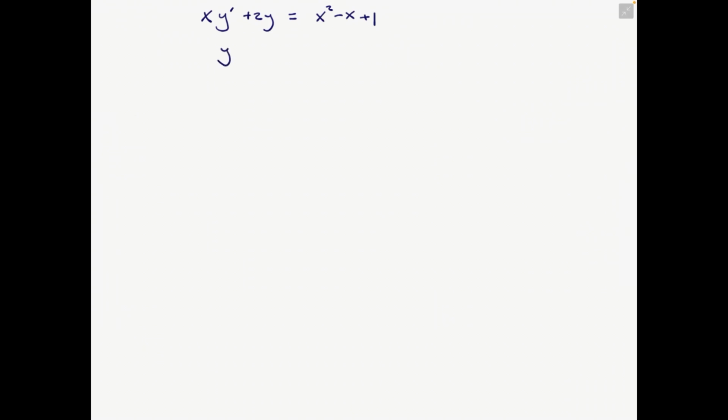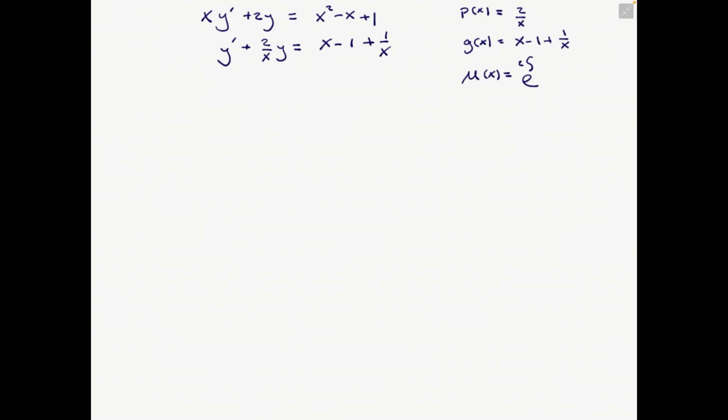So let's get rid of this spot. All right, so we got to divide through. We got y prime plus 2 on x, y equals x minus 1 plus 1 on x. Okay, so p of x is 2 on x. g of x equals x minus 1 plus 1 on x. Mu of x is x squared.